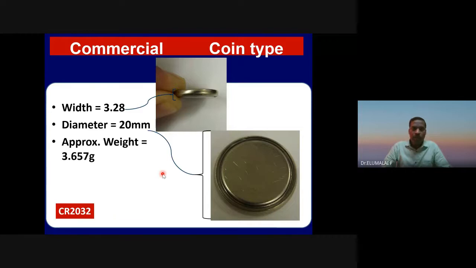One of the commercially used coin cell types is this CR2032. I'm sure you know the specification of CR2032. CR is circular, round. 2032: 20 is 20 millimeter, the diameter is 20 millimeter, roughly 2 centimeter.